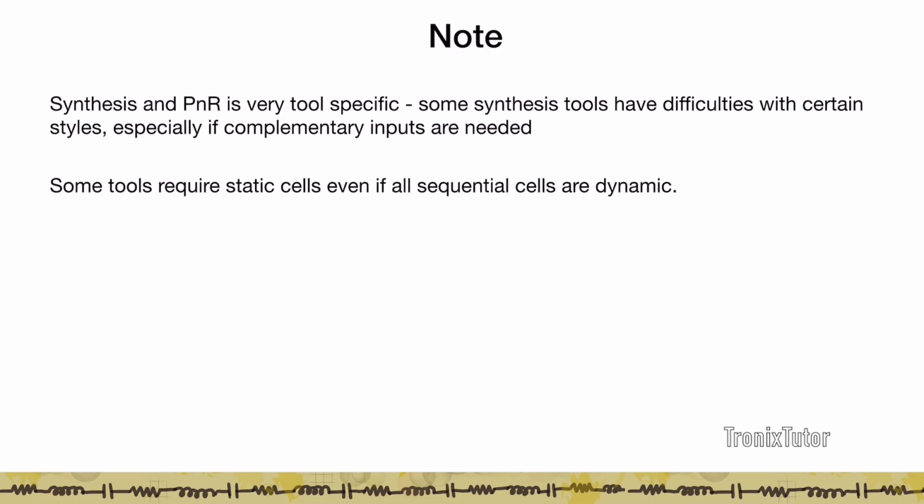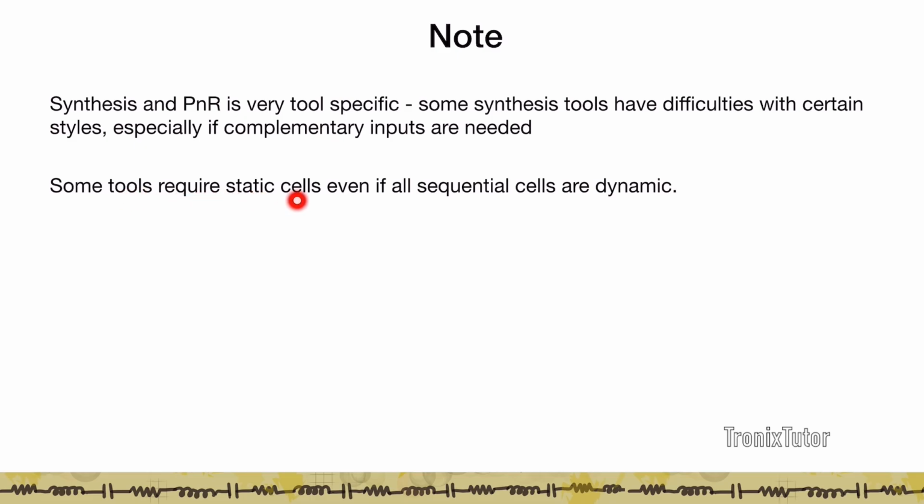Now, if you look at synthesis and PNR, they are very tool specific. So depending on the vendor that your particular place of work or your school has, the synthesis tools may have difficulties with certain styles. Hence, it's important that when you design these standard cells, you know specifically what synthesis and PNR tool you need to use, and those will have certain requirements which you need to follow when you're laying out the standard cells.